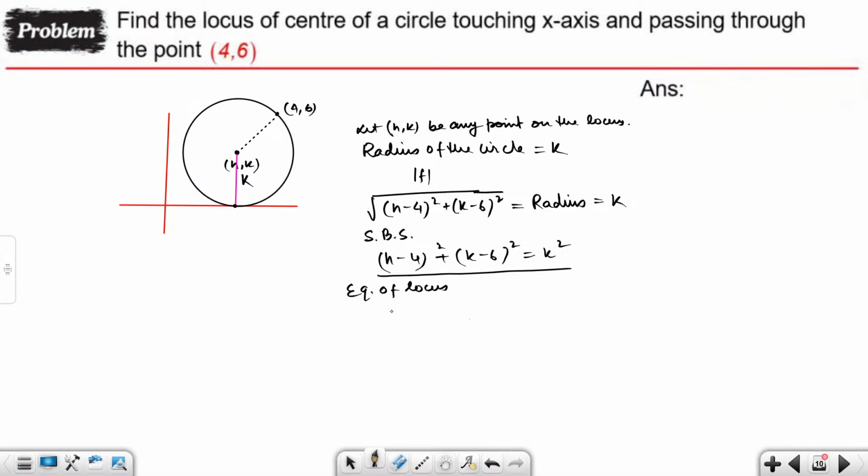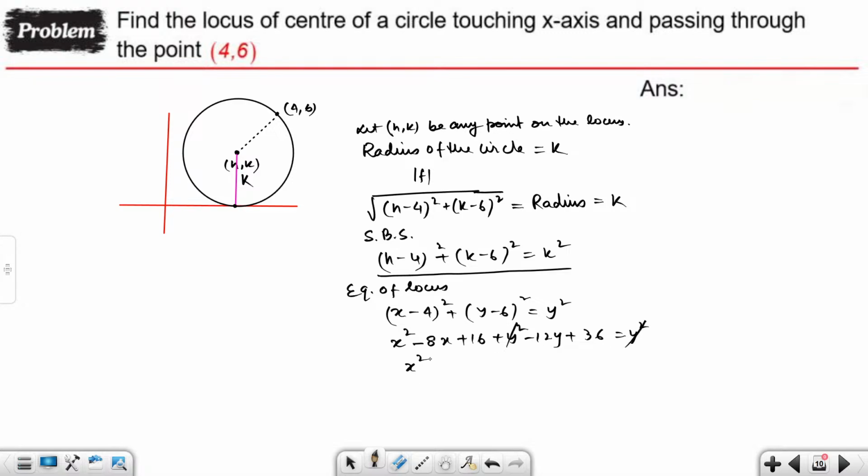So what is the equation of the locus? It is (x minus 4) whole square plus (y minus 6) whole square is equal to y square. So simply open the brackets. y square goes off.